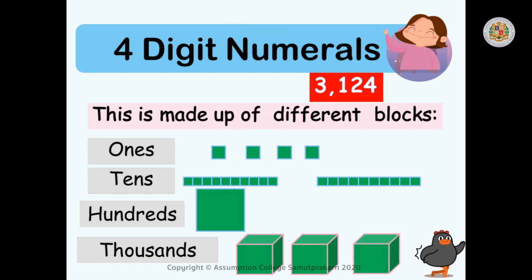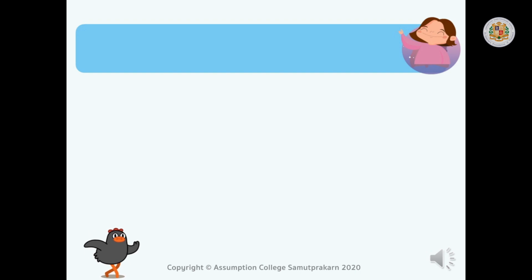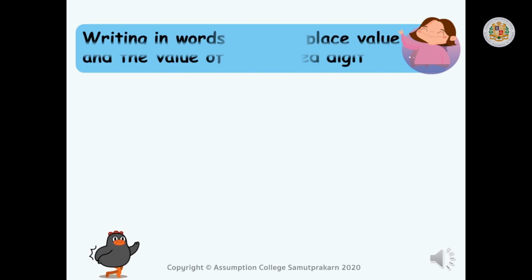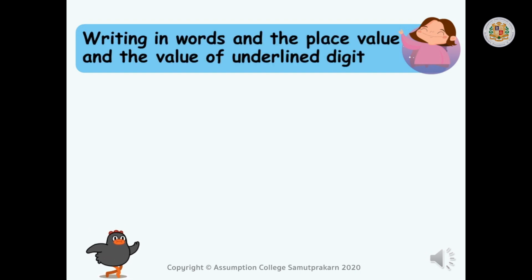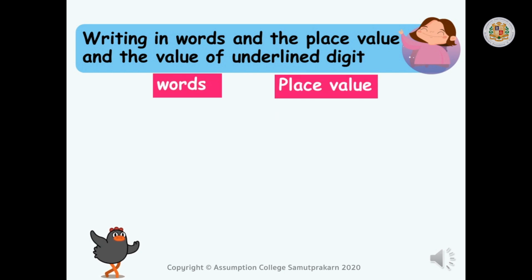Let's read together using the blocks. 4 ones, 2 tens, 1 hundred. No S because it's only 1. 3 thousands.